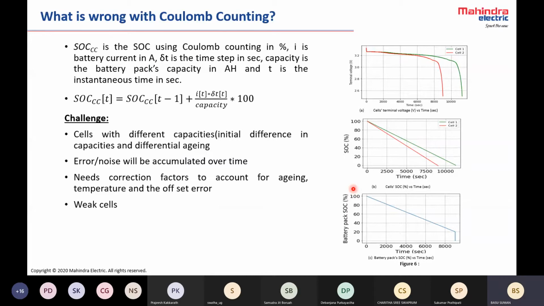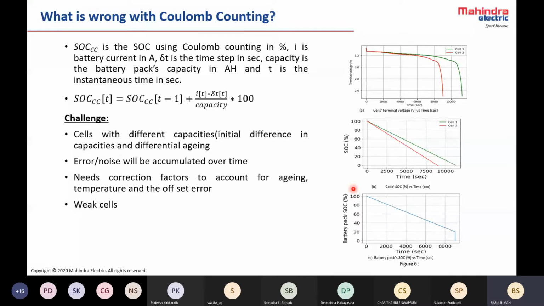Now you might think, why do we need all these? Because we are always measuring the current, and also we know a cell has a particular capacity. So we will continue to add it, and we will know this is the amount of current we have used.